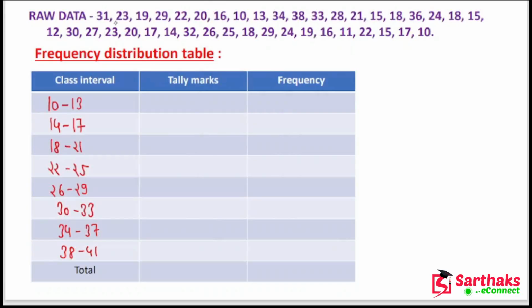From 10 to 13. So let us count. 1. Okay. 2, because 13 is also included in this case. 3, 4, 5. So we have 1, 2, 3, 4 and 5. Right. Let us see from 14 to 17.